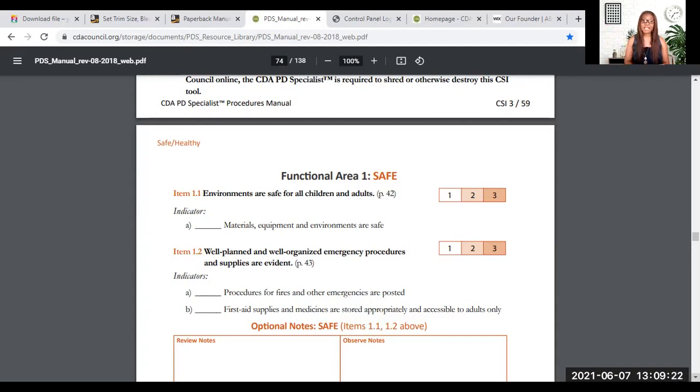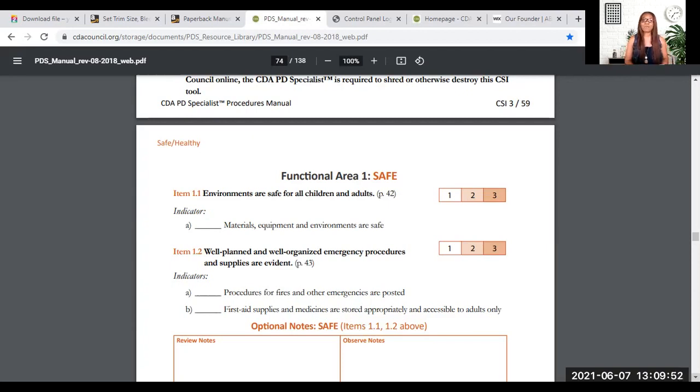First aid supplies have to be marked with a giant red cross, so that, like I said, if you had a visitor in your building that was actually helping, if one of the teachers had to step out for a minute and one teacher's on one side of the room and one of the parent visitors on the other side, and they need the equipment, you can't run over. They need to be able to visually see where it is. And that American Red Cross lets everyone know that's where those emergency supplies are kept.